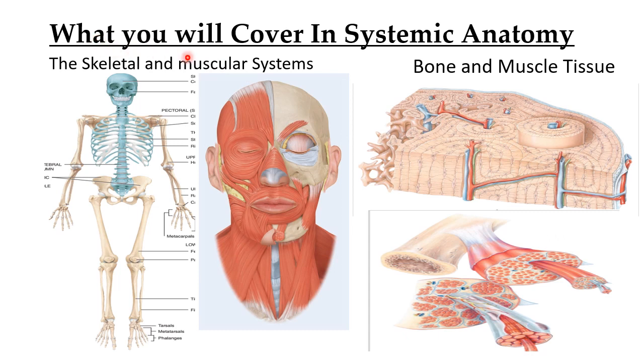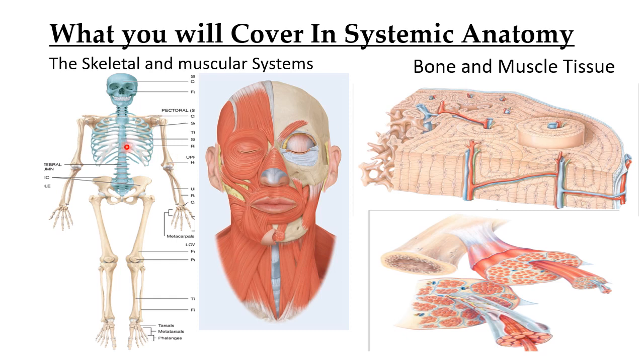Then when you talk of systemic anatomy, you study anatomy according to systems. So for example, if I were to bring about the skeletal and muscular system, you talk about the skeletal system from head to toe, all the bones, ligaments, tendons, and everything. Then you talk of the muscular system, all muscles from head to toe.